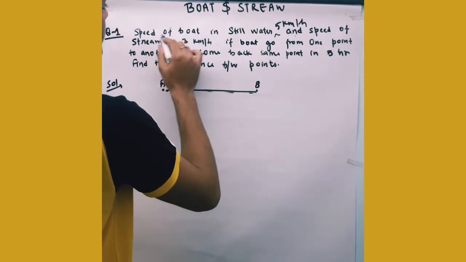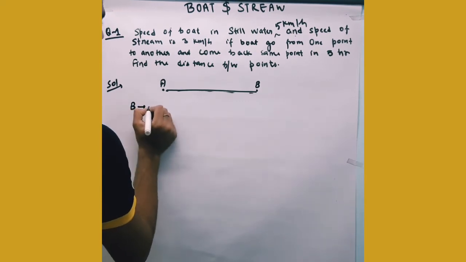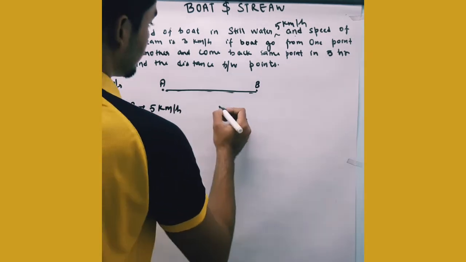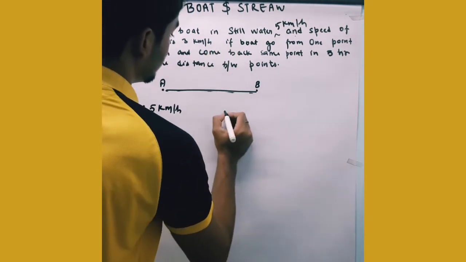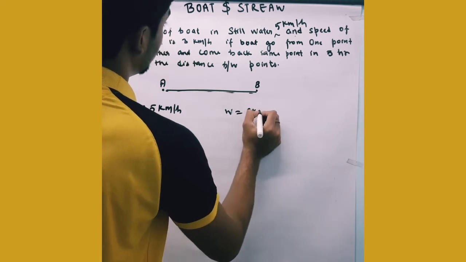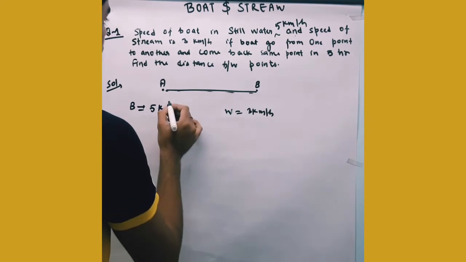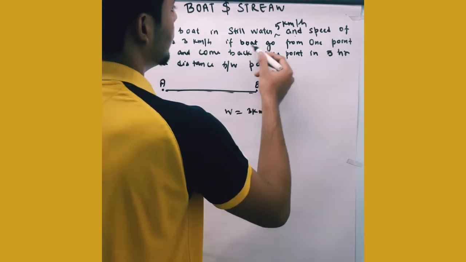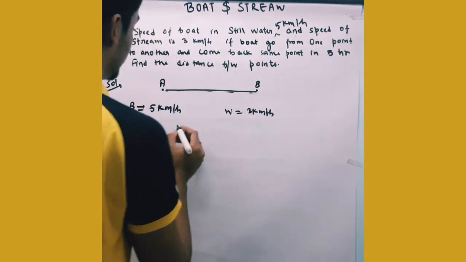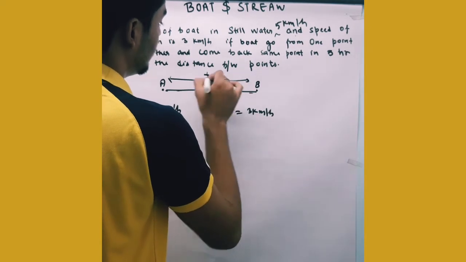Now we are given that speed of boat in still water, which means B, is equal to 5 km per hour, and speed of stream, which means W, is given as 3 km per hour. If the boat goes from one point to another and comes back to the same point in 5 hours, suppose that the boat is moving from A to B in T1 time.